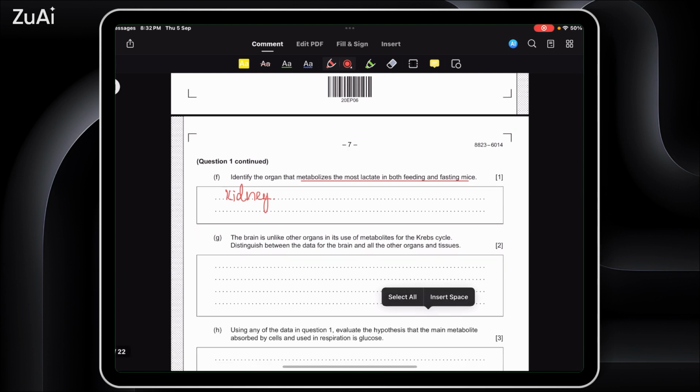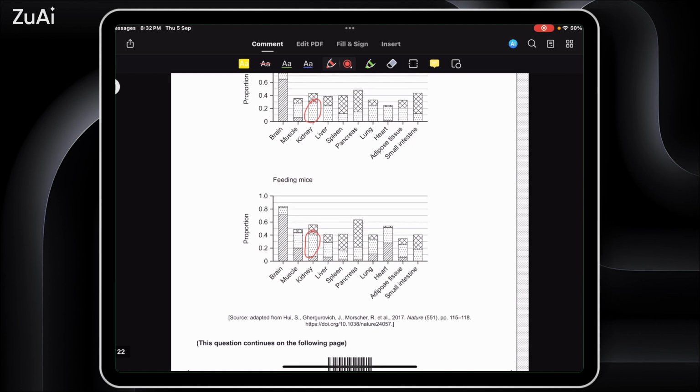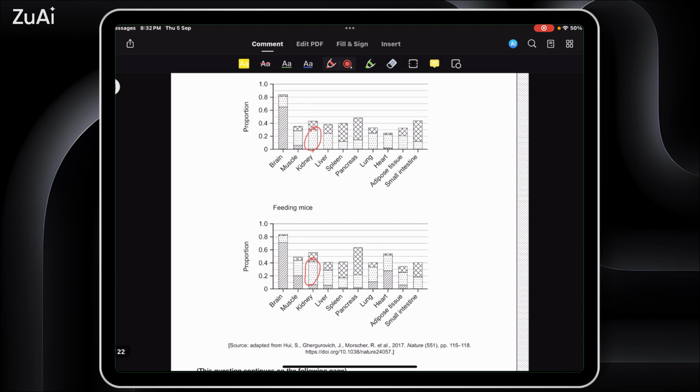The brain is unlike other organs in its use of metabolites for the Krebs cycle. Distinguish between the data for the brain and all other organs or tissues. Glucose: the brain needs glucose 24/7.